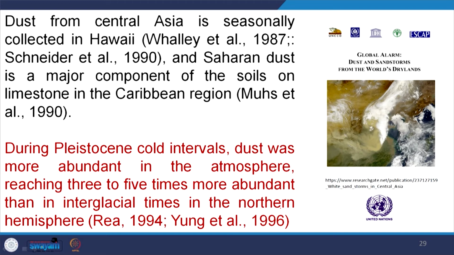Dust from Central Asia is seasonally collected in Hawaii, and Saharan dust is a major component of the soils on limestone in the Caribbean region. So this is not only contributing to oceanic sediments. If you remember, when we were talking about weathering and erosion and calcrete formation, the calcium carbonate in calcretes is mostly contributed by wind-blown material.